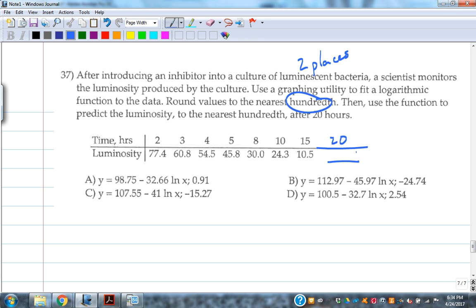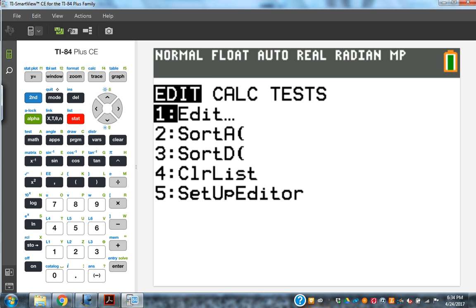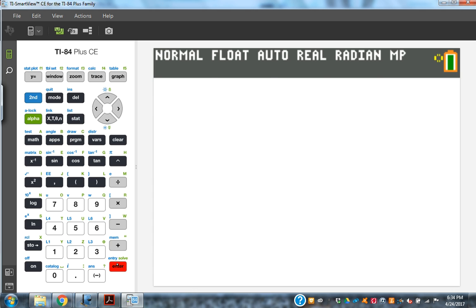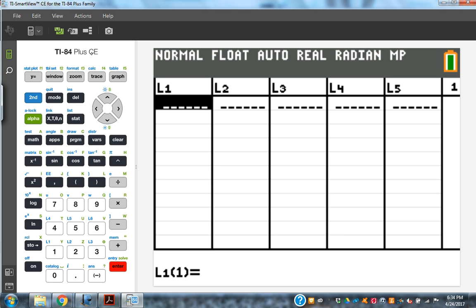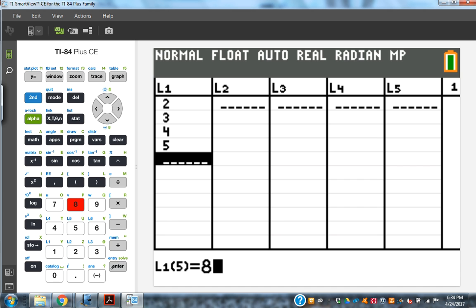All right. So with your calculator, this is what you should do. You're going to have a table, the x's and y values. Okay. So I'm going to hit stat, edit, and in list 1, I'm going to put all of those times: 2, 3, 4, 5, 8, 10, and 15.